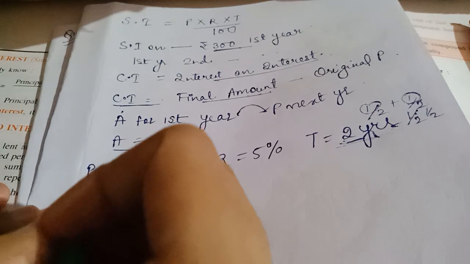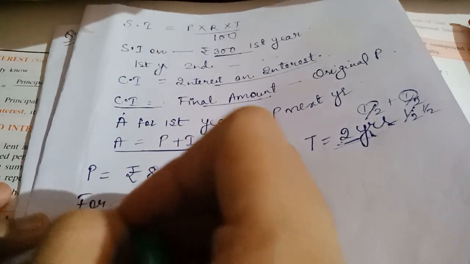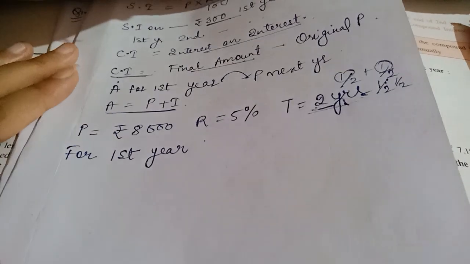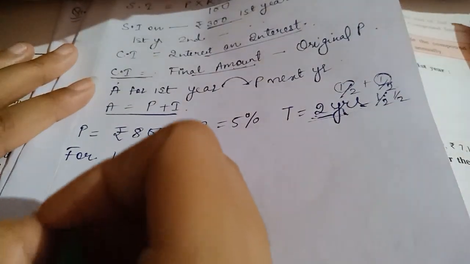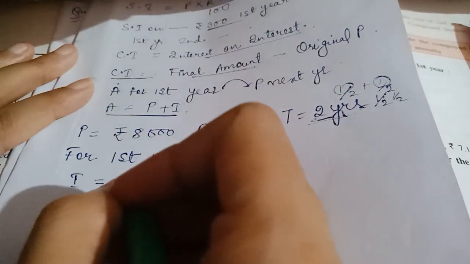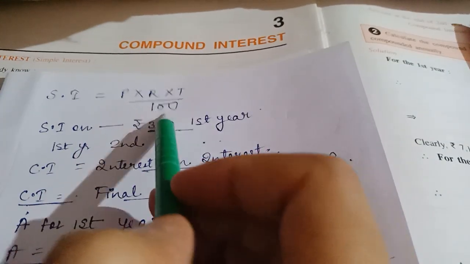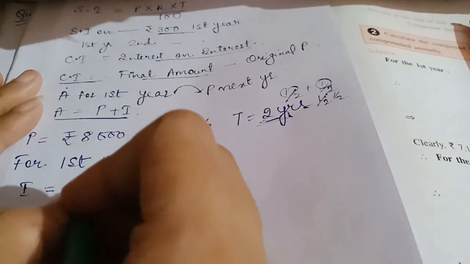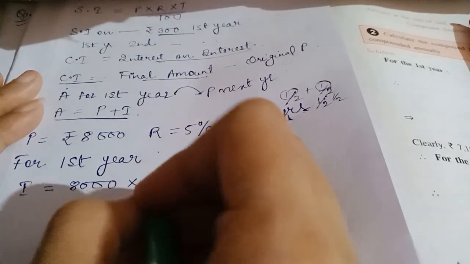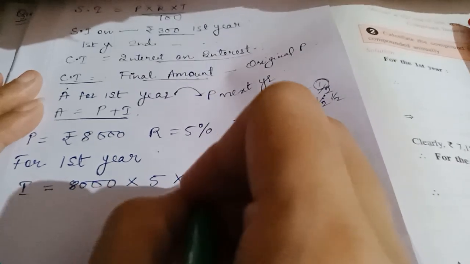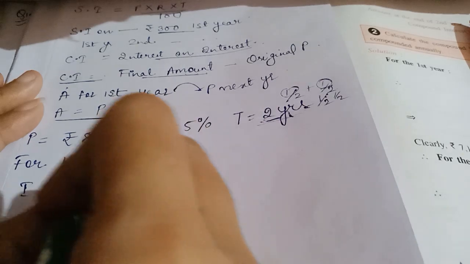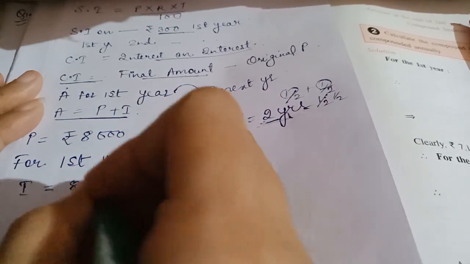You will write for the first year. So for the first year, how do you calculate the interest? What is the formula? It is PRT by 100. So, principal is 8,000, rate is 5, time is 1 year. Remember this, we will take 1 year by 100.